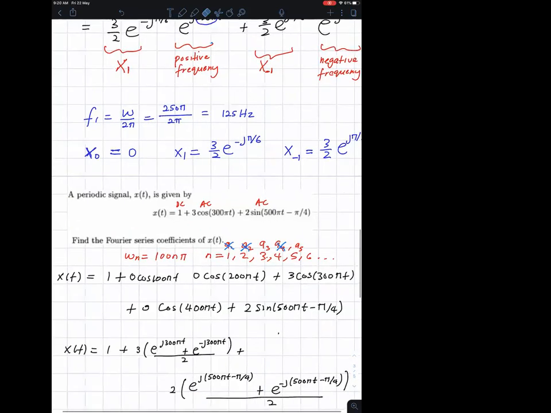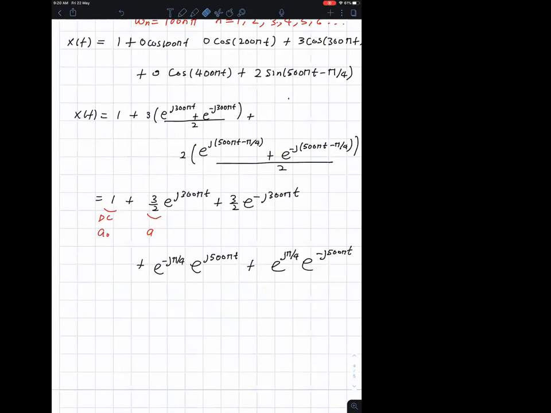So this is going to be A3 because it's associated with the positive side of the frequency, and this part here is associated with the negative side of the frequency, so it's going to be A minus 3. This one here is associated with the positive side of the frequency, so it's going to be A5.